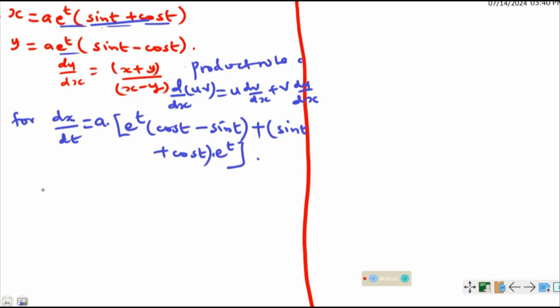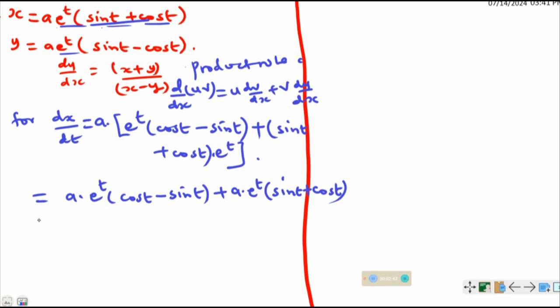So in other words, we shall have a times e to power t into (cos of t minus sine of t), plus a times e to power t into (sine of t plus cos of t).